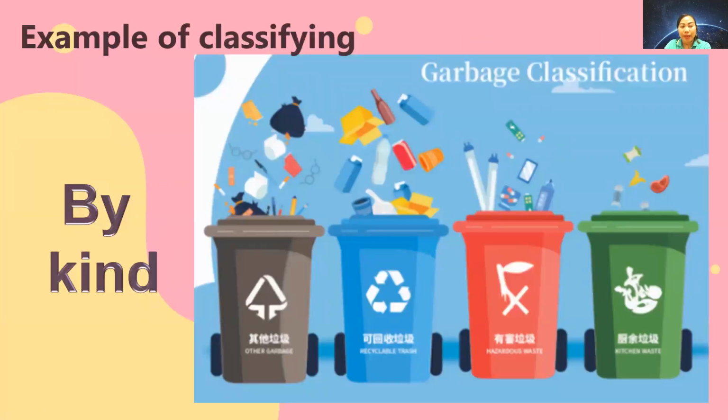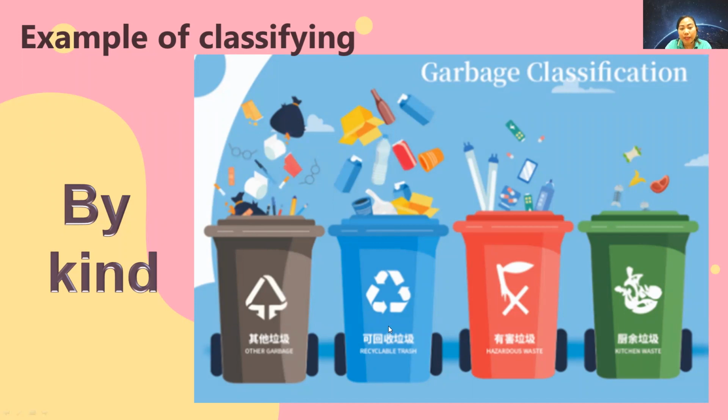Next is by their kind. So we measure the object or the things or the garbage. These are garbage or waste products that we can sort or group or classify according to their kind. This one is tissue, wood, like this one.